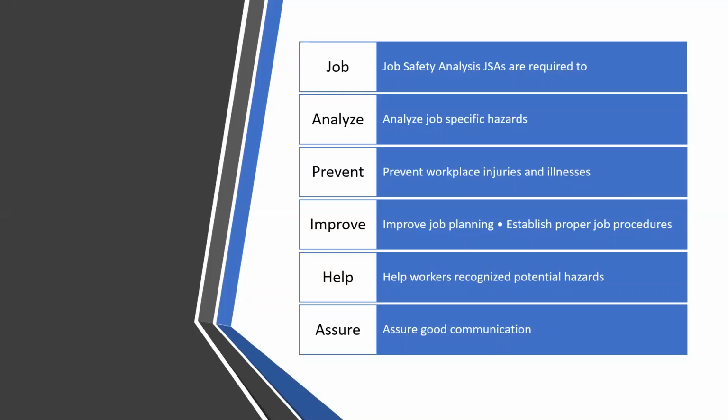So once you identify your job steps and the specific hazards, then we're going to use that information to prevent workplace injuries and illnesses. This is going to help you improve your job planning, get you proper procedures. So your procedures that you write for your company, for your HSE manual, these JHAs will help you get that process started. And then you'll use them later on, as we'll discuss further, on improving your procedures.